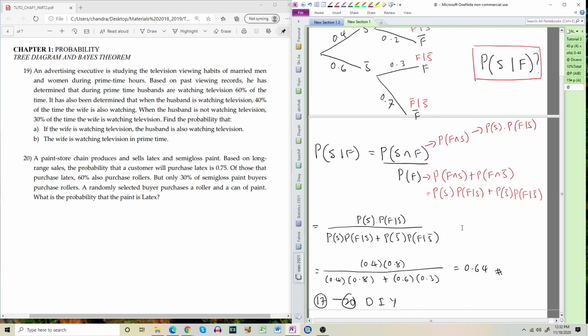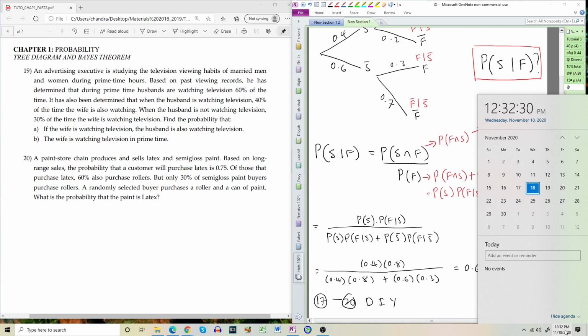You want to drink some water, or go to the washroom? I'll start at 12:40. Now it is 12:32. Take some rest, and we will continue with chapter 2.